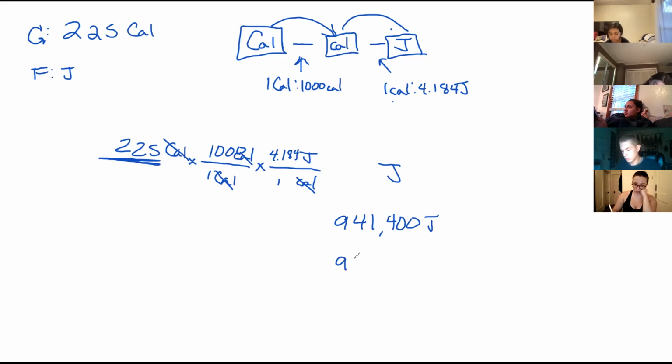So I'm going to round this to 941,000 joules. If I was to write it in scientific notation, 9.41 times 10 to the 5 joules. Okay, so a lot of joules in a nutritional calorie. Nutritional calories have quite a bit of energy to them.